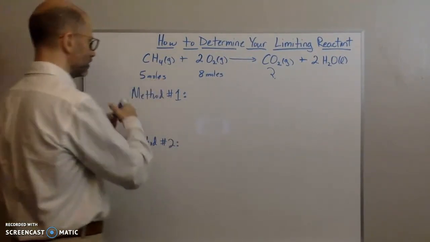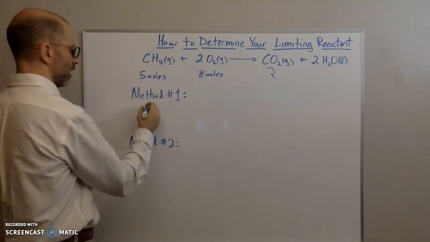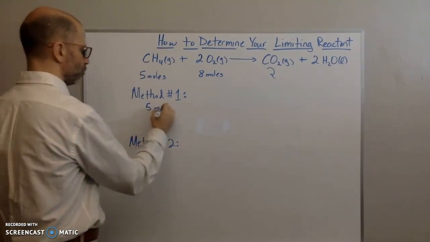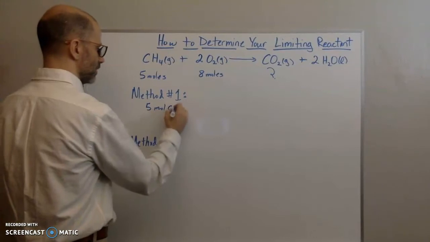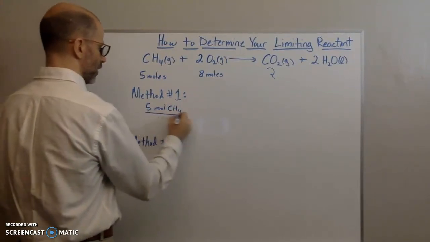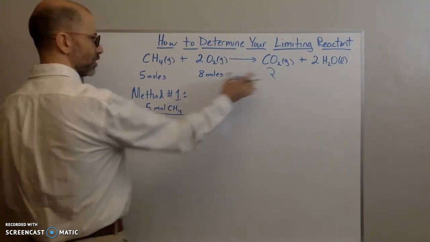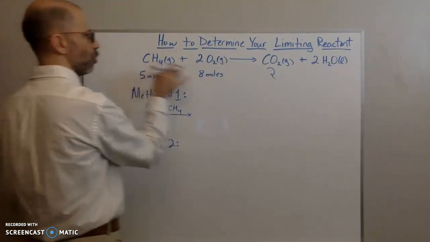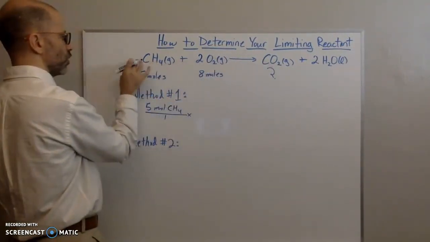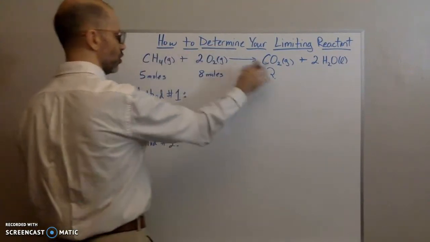Let's go ahead. I have 5 moles of my CH4, and I'm going to convert that to carbon dioxide using the mole ratio from the equation, from the coefficients. So it's 1 to 1.